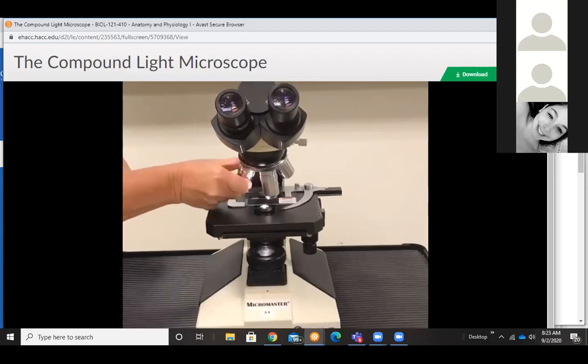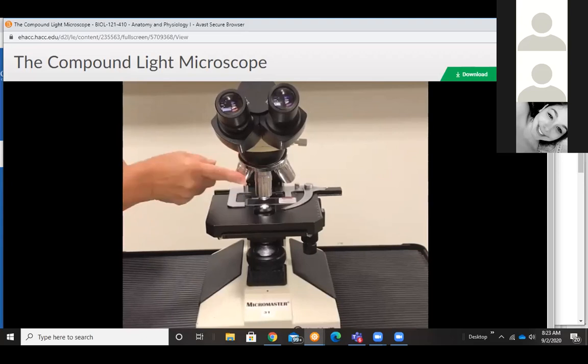The next longer objective is indicated by a blue band. This is called the high dry objective, and the number imprinted on this objective is 40. And that means that when this objective is over the stage, or over the specimen, over the object, that it magnifies the object 40 times what you would see with the naked eye.